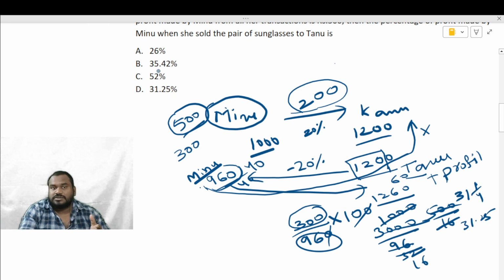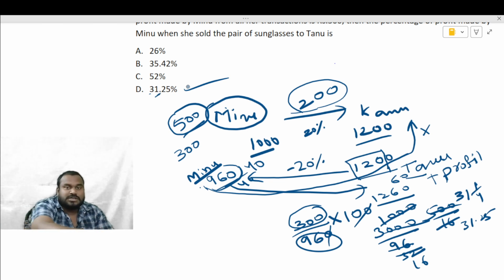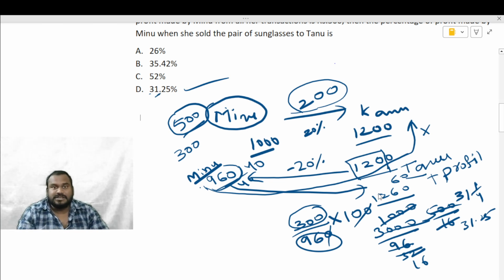So you don't need to calculate till this point. Once you get 3 and 1, just put it as the answer, because there are two options starting with 3, 35 and 31. So once you come to know about 31, put it as the answer. The other point, in multiple choice questions, you should not solve the question completely.